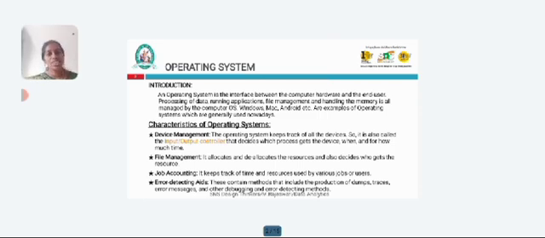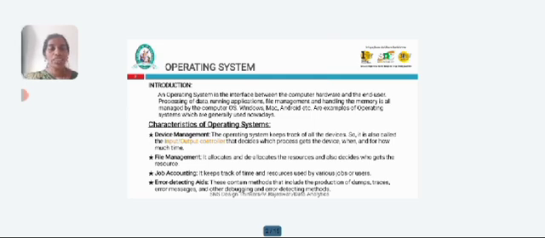Characteristics of operating system: device management, file management, job accounting, error detecting aids. Device management. The operating system keeps track of all the devices, so it is also called the input-output controller, which decides which process gets the device, when and for how much time.